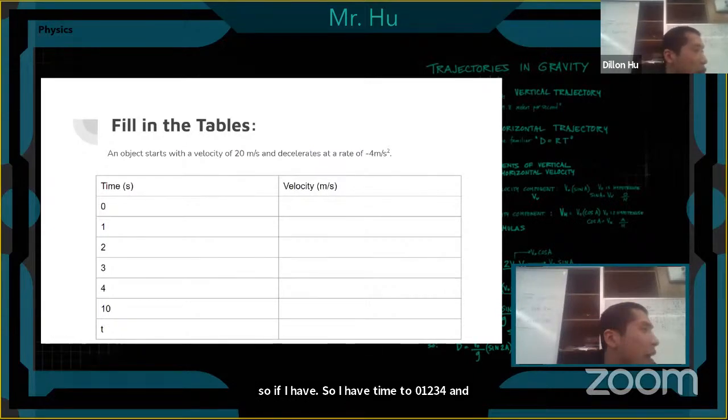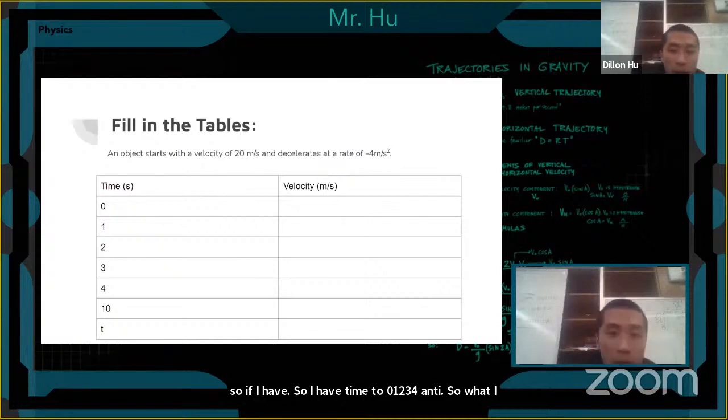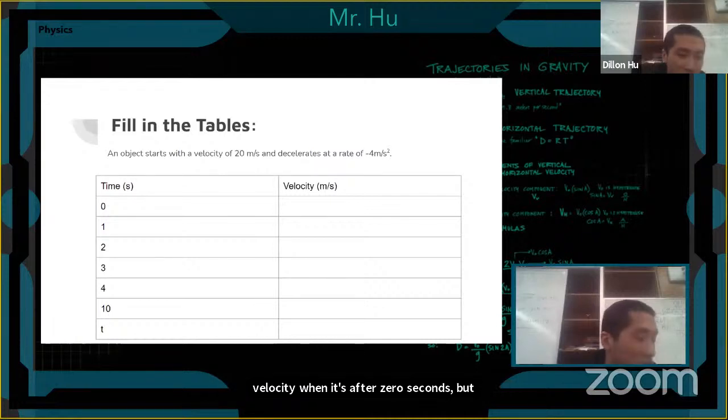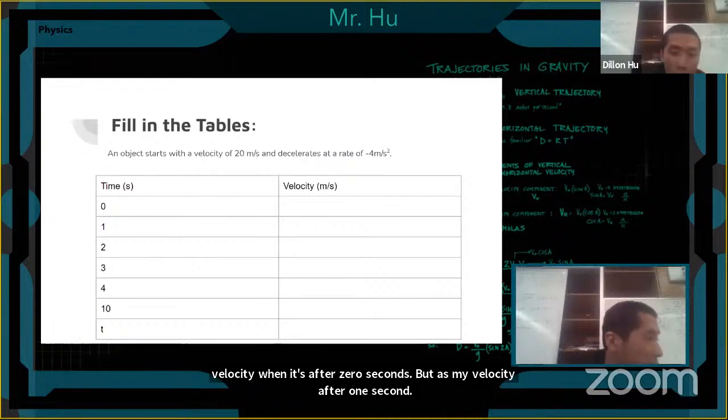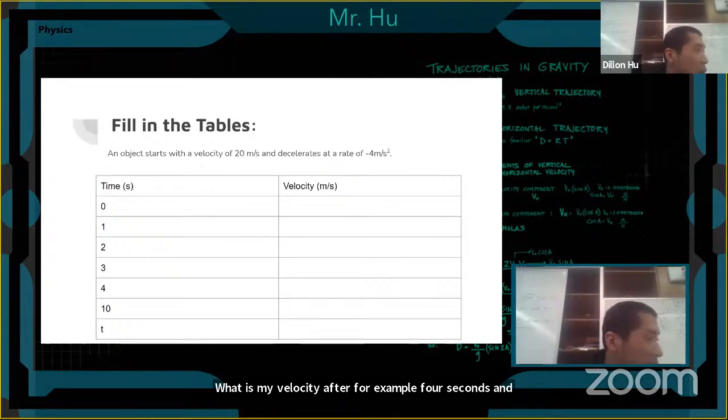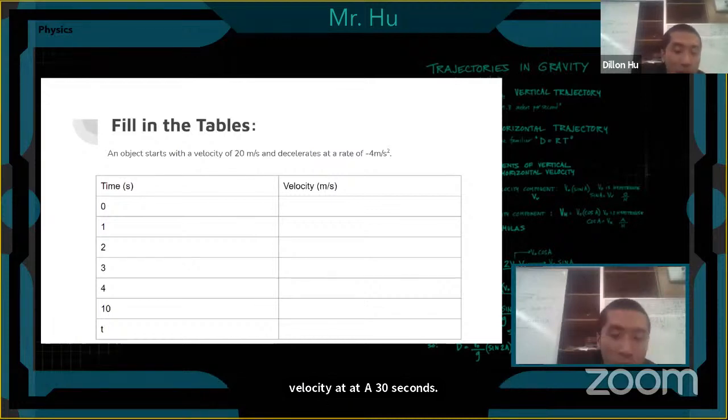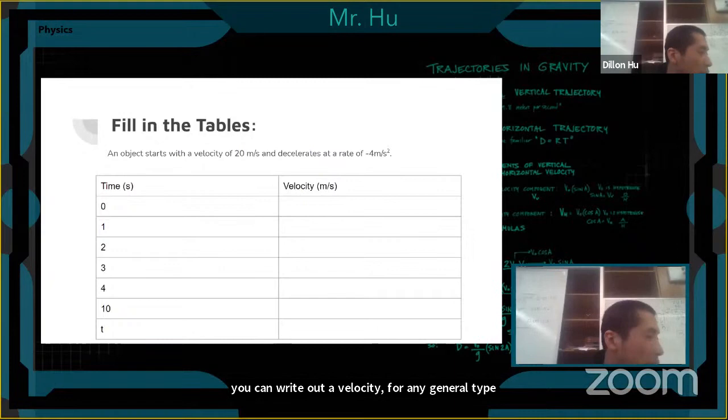So what I want you to do is write down what is my velocity after 0 seconds, what is my velocity after 1 second, what is my velocity after, for example, 4 seconds, and then I want you to be able to figure out what is my velocity after t seconds. So I'm going to have to try to figure out a pattern here and see if you can write out a velocity for any general time, for any variable t, right?